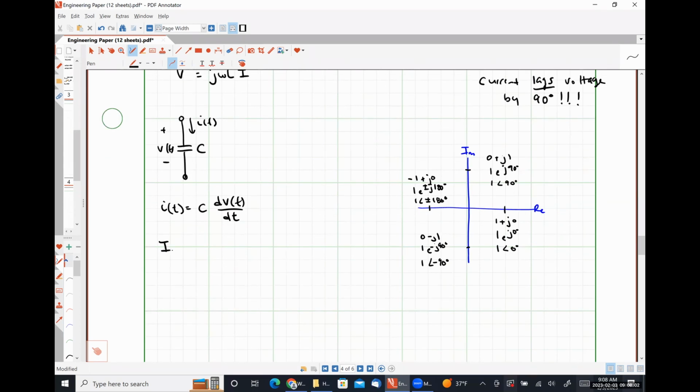So we could say that Im e to the j (omega t plus theta I) will be equal to, so what did we do when we took the derivative earlier? We multiplied by j omega, right? j omega C Vm e to the j (omega t plus theta v).